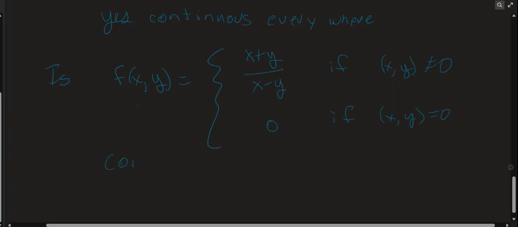Is that continuous at (x, y) equals (0, 0)?